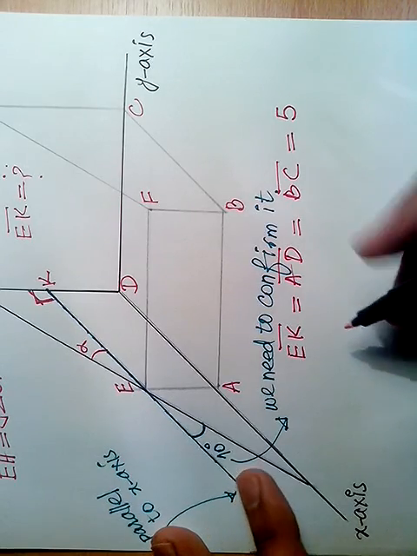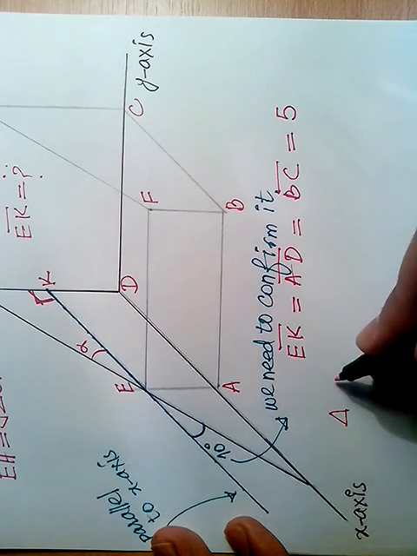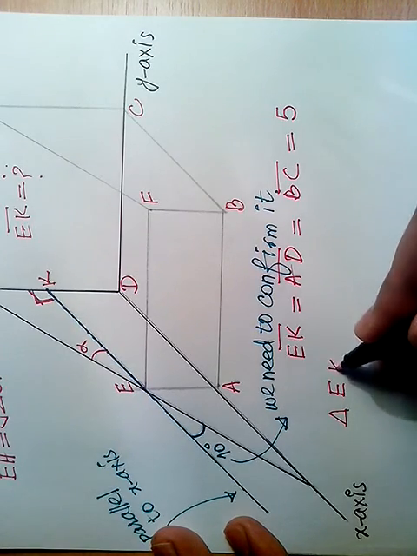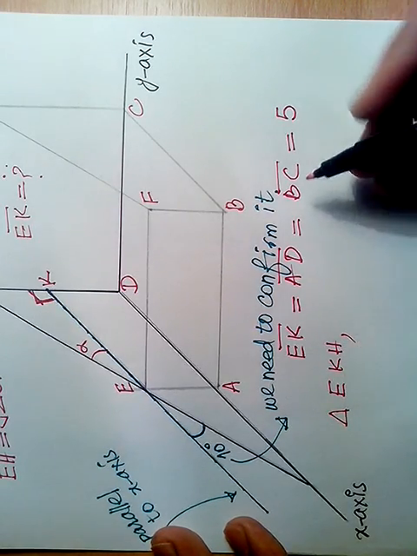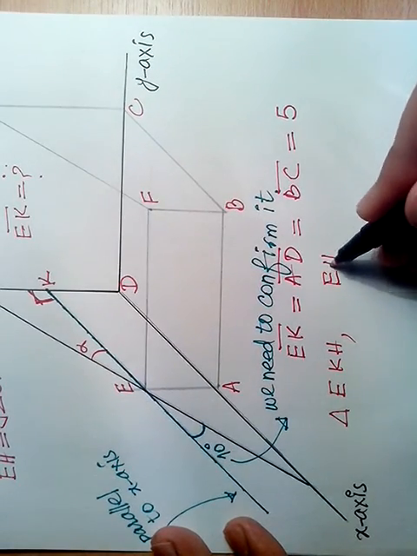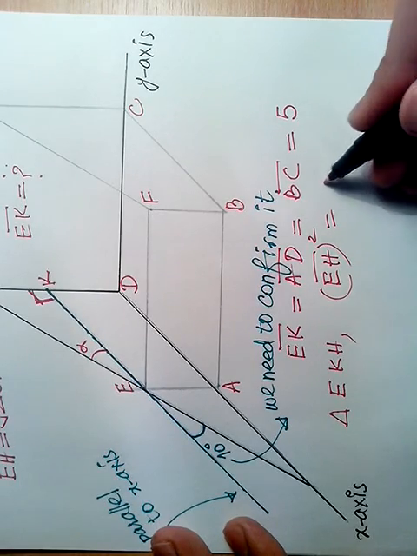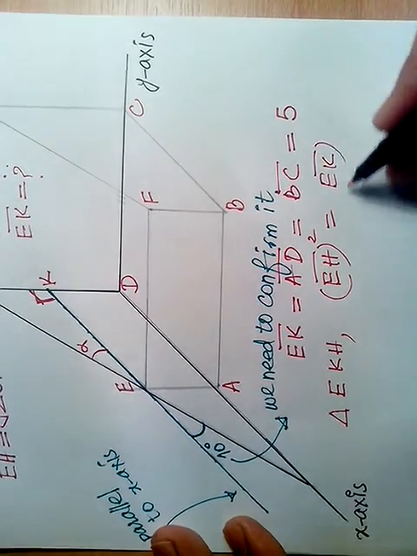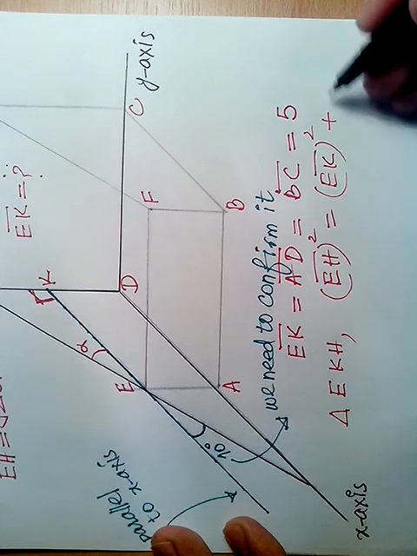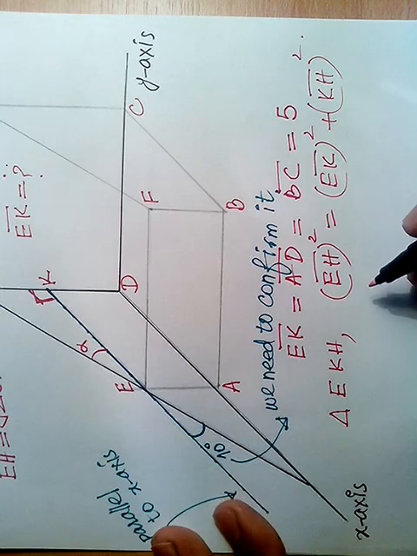To find KH, we apply the Pythagoras theorem in triangle EKH, and that says the hypotenuse EH squared is equal to EK squared plus KH squared.